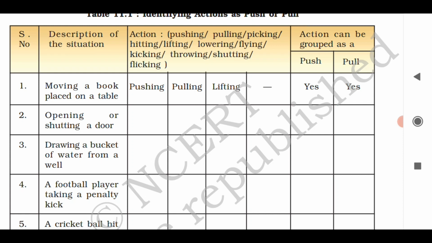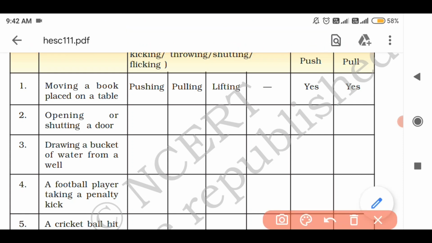We can pull the book so as to move it, right? Similarly, we can lift the book so that we can move it from the table. So what are the actions grouped as in this situation? Push or pull? Yes, push is involved. Pull is also involved, right? So here it is written yes and yes for push and for pull.